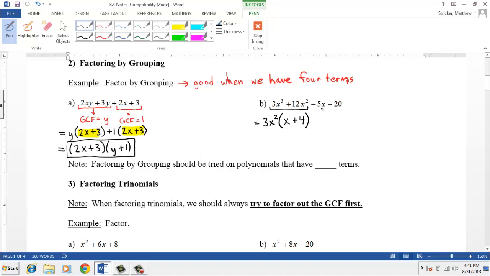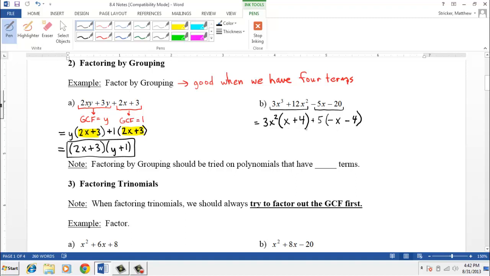Now in the second group, the greatest common factor that goes into 5x and 20, I would say is the number 5. And if we choose 5 here at first, we're going to see that this creates a problem, because 5 times negative x gives us negative 5x, and 5 times negative 4 gives us negative 20. The problem here is that these two parts in parentheses do not match up.